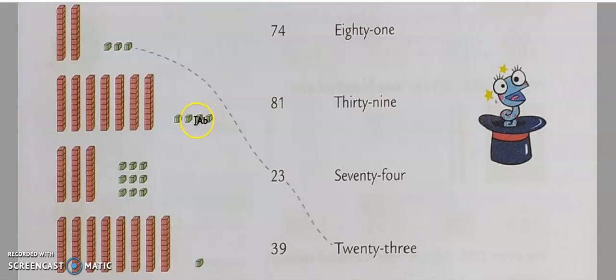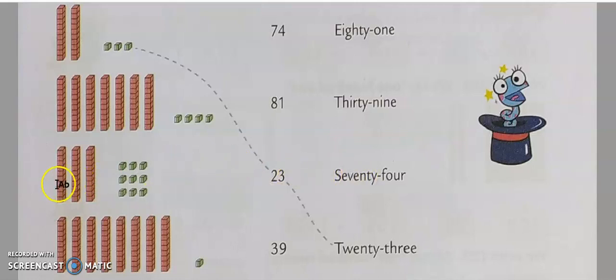So for that you have to draw the line from here to here. Okay. And the number name is given, that is written here 74. So you have to draw a line again from the number 74 to the number name 74 written here.